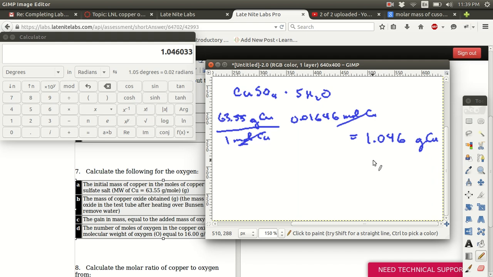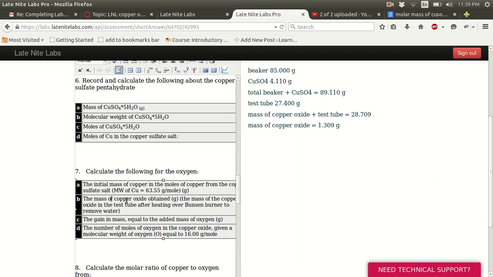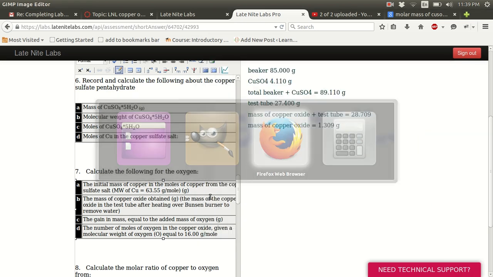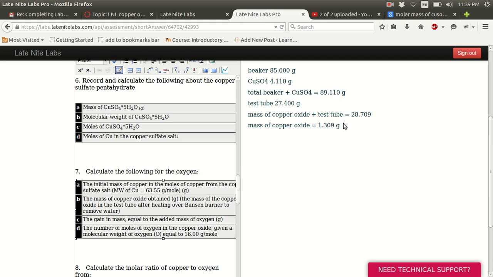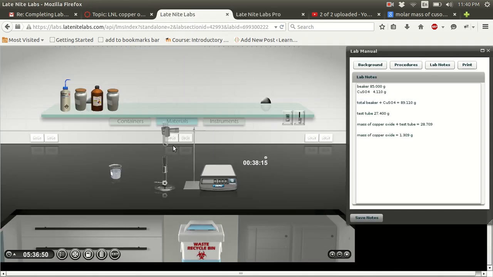Next item is part B on number 7, the mass of copper oxide obtained. Okay, now this is a measurement. So I'll go back to my notes. There it is. The mass of copper oxide was 1.309 grams. How did I do that? It is the mass of copper oxide plus test tube minus the test tube. In other words, it is the mass of this minus the mass of the empty test tube.